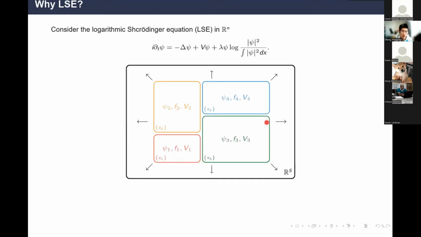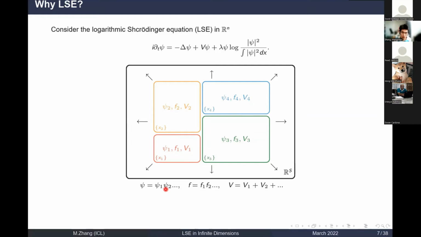And suppose your system can be decomposed or partitioned into finitely many independent systems. For example, on each independent system, you have a wave function, initial condition, and then a potential. And then by the property I just showed, the product of all these wave functions will solve the log Schrodinger equation on the entire space with initial condition of the product and with the composite potential.